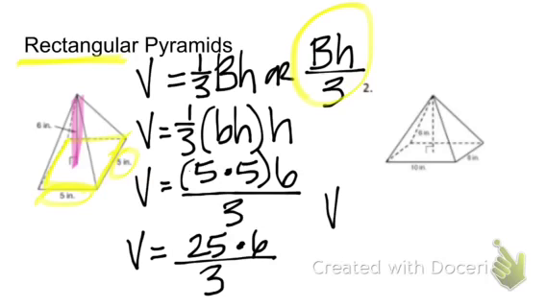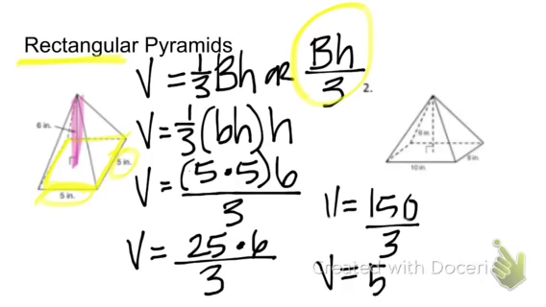And then you do 25 times 6, which is 150. Oops, sorry. Divided by 3. So the volume of that rectangular pyramid would be 50 inches cubed.